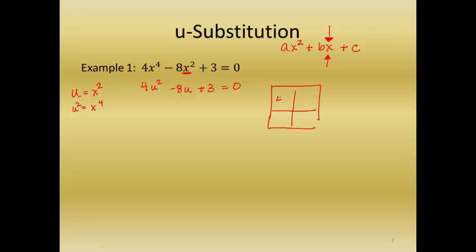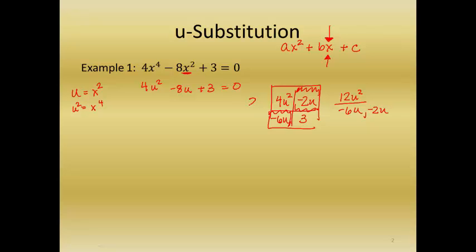So I've got 4u squared and a 3, and that gives me 12u squared. And I'm going to use a negative 6u and a negative 2u. So those are going to go in my box so that I can factor. And remember, whenever these two boxes are negative, that's when we pull a negative out.